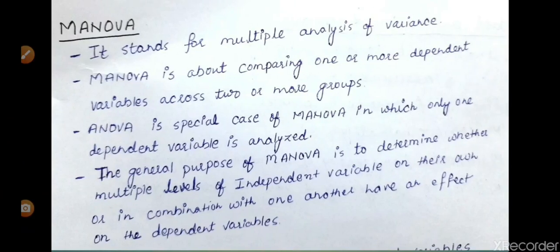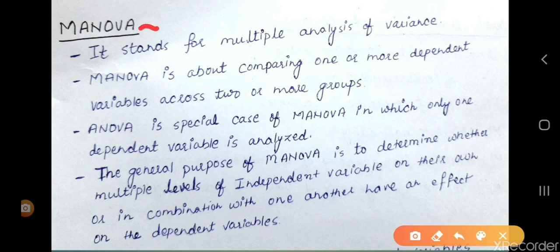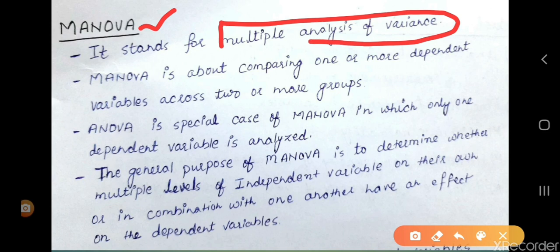We have already studied ANOVA and ANCOVA. ANOVA was analysis of variance and ANCOVA was analysis of covariance. MANOVA is nothing but multivariate analysis of variance.